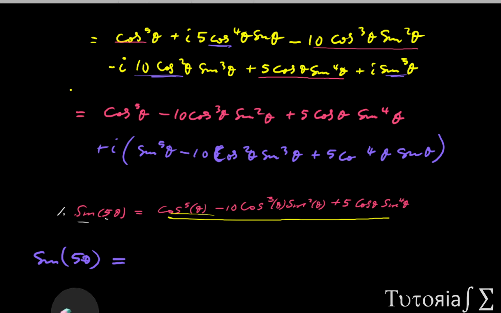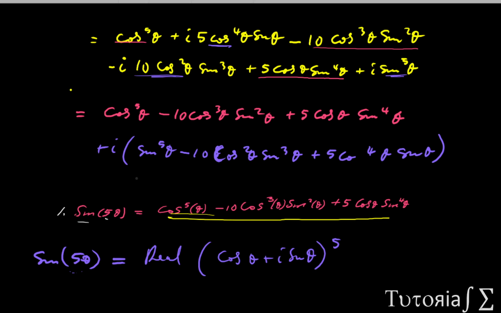Let me write it properly. So we see that sine 5 theta is actually equal to the real part of cos theta plus I sine theta to the power 5. Okay, so it is equal to the real part of this.